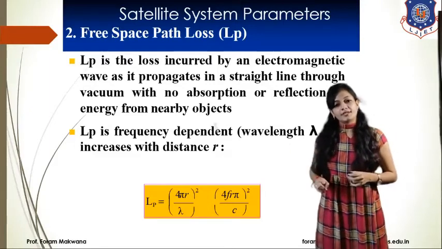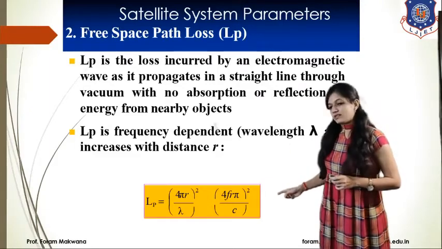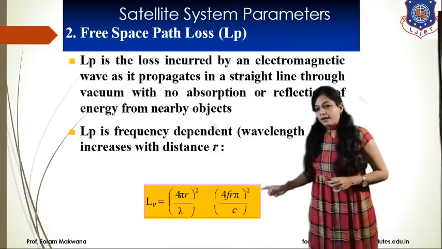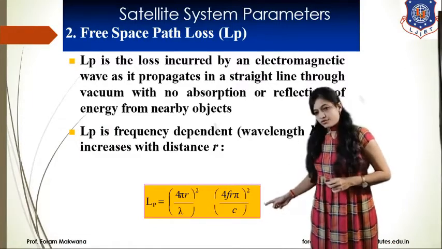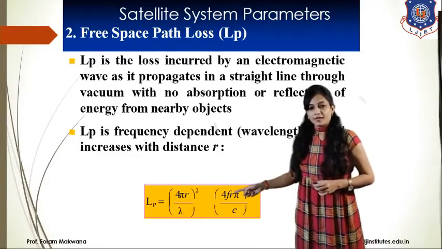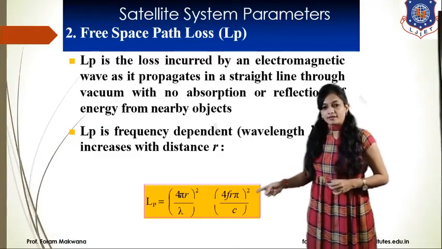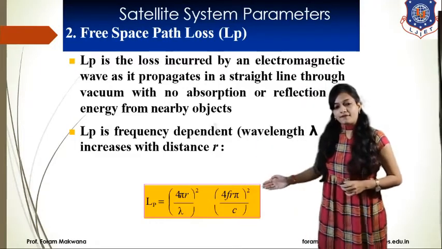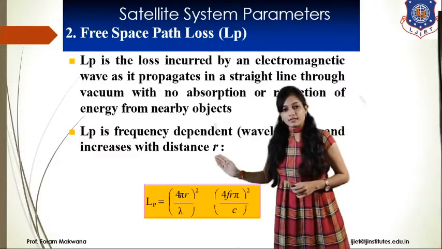If I want to represent it in terms of frequency, I can say lambda equals c by f. As it is frequency dependent, if frequency is increased, my free space path loss is increased.